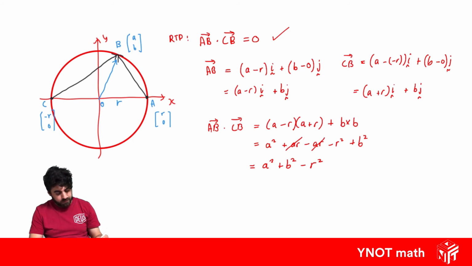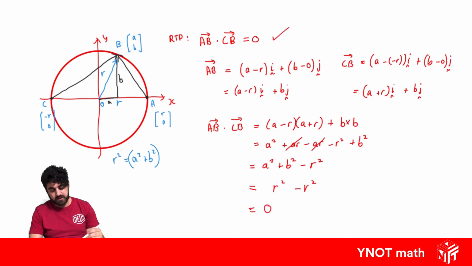If we can see from our circle, this also has a distance of R, the vector OB, and its x component is a and its y component is b. So just using some simple Pythagoras, we know that R squared equals a squared plus b squared. So we can go ahead and substitute in a squared plus b squared is equal to R squared. So we get R squared minus R squared, which is 0.